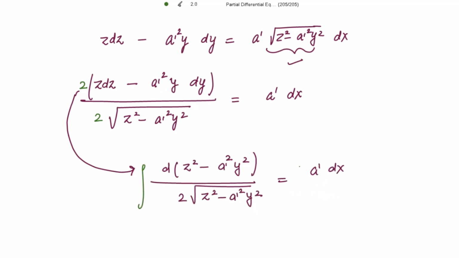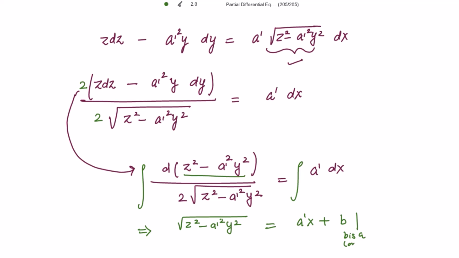And now integrating both the sides, we need to integrate with respect to z square minus a dash square y square. So from that we get square root of z square minus a dash square y square equal to a dash x plus the constant b, where b is a constant, right?